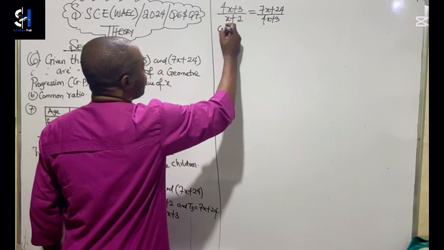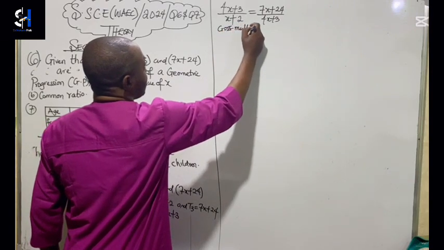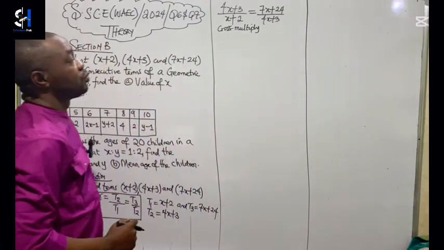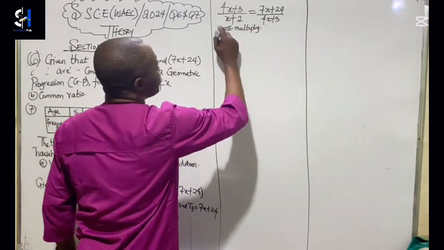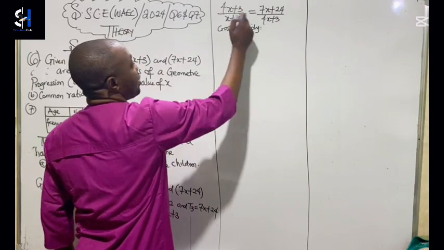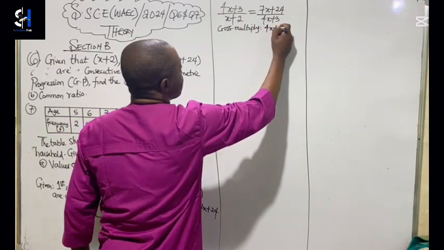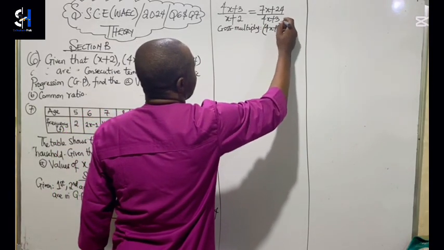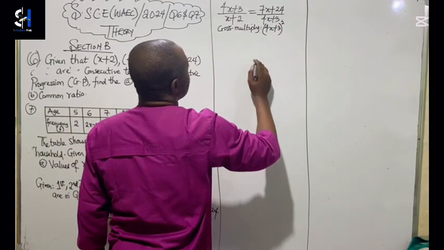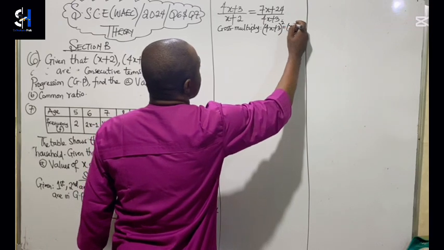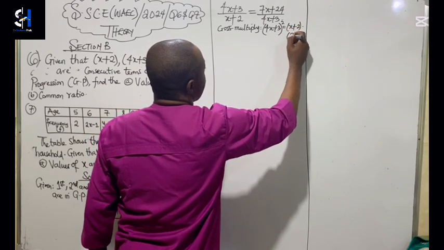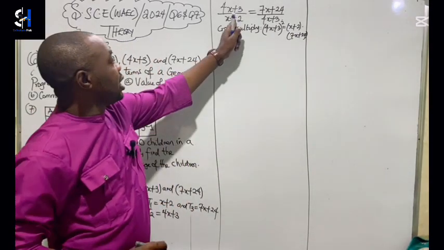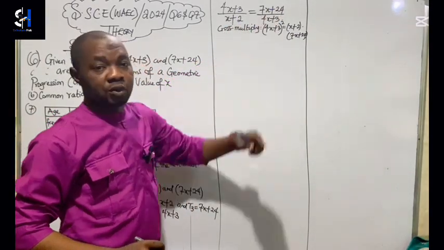Here we have to cross multiply, so that 4x plus 3 multiplied by 4x plus 3, that is 4x plus 3 raised to the power of 2, equals x plus 2 multiplied by 7x plus 24.